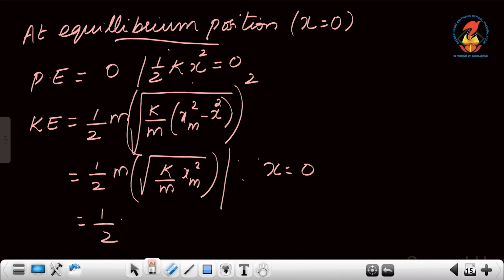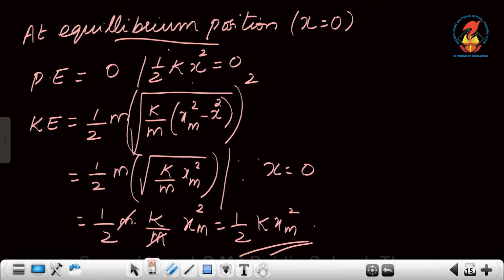The m gets cancelled. You will get this half k xm square itself, which means at the equilibrium position also the kinetic energy is half k xm square.